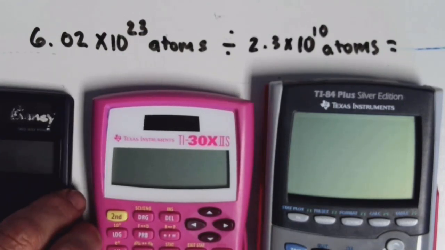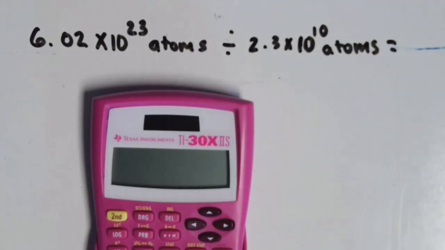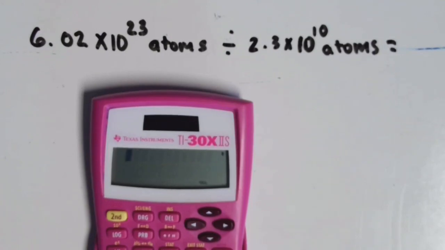All right, I'm going to go ahead and use the smaller calculator to do this problem up above. So when you turn it on here, what you need to remember is that you are going to be looking to put in the base number. You have to remember this is just a very large number divided by a very large number of atoms.